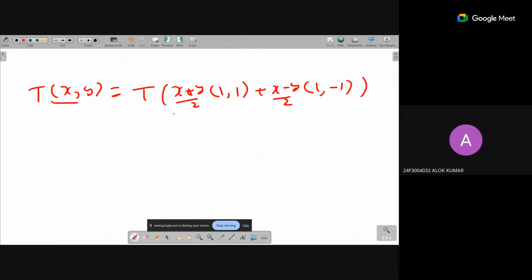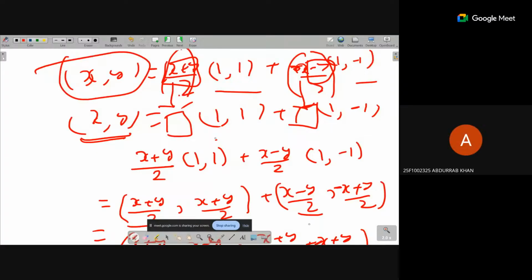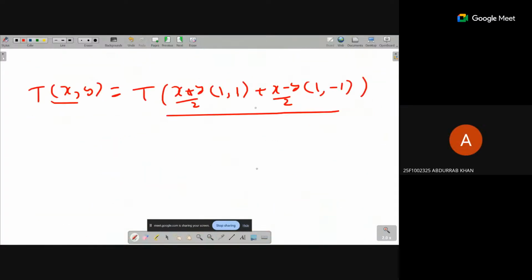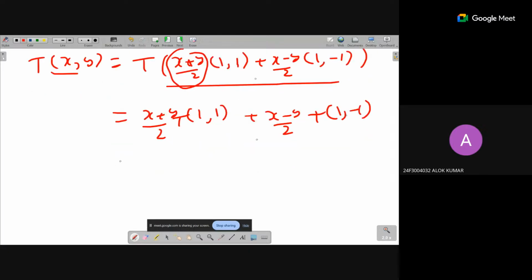This x comma y is the same thing, just from here. Yeah. Okay, now we know that this is a linear transformation, so this part will come outside: transformation of 1 comma 1, right? And this part, x minus y by 2, is also the transformation of 1 comma minus 1. Okay, till now good.